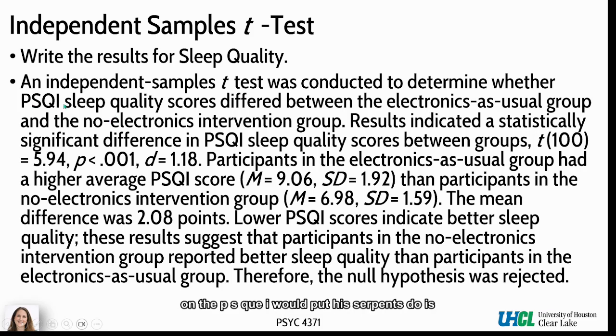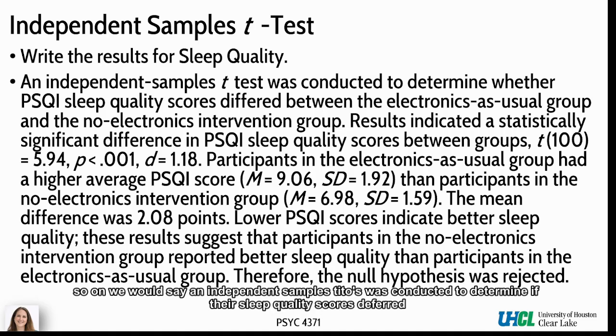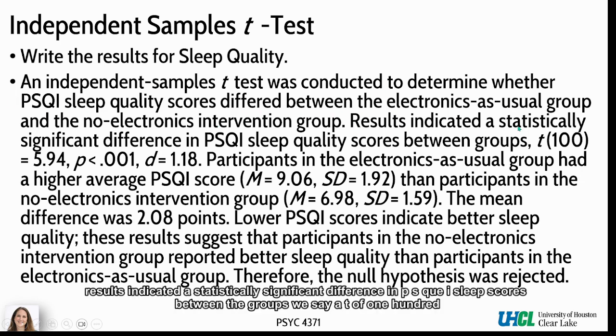On the PSQI, what participants do is they get a score, right? And that score, the higher it is, the worse their sleep. So we would say an independent samples t-test was conducted to determine if their sleep quality scores differed. Results indicated a statistically significant difference in PSQI sleep scores between the groups.